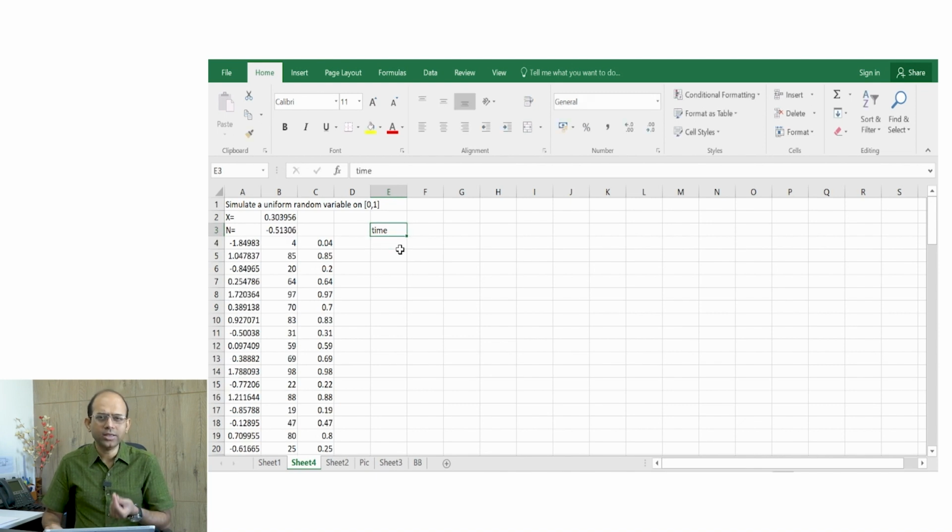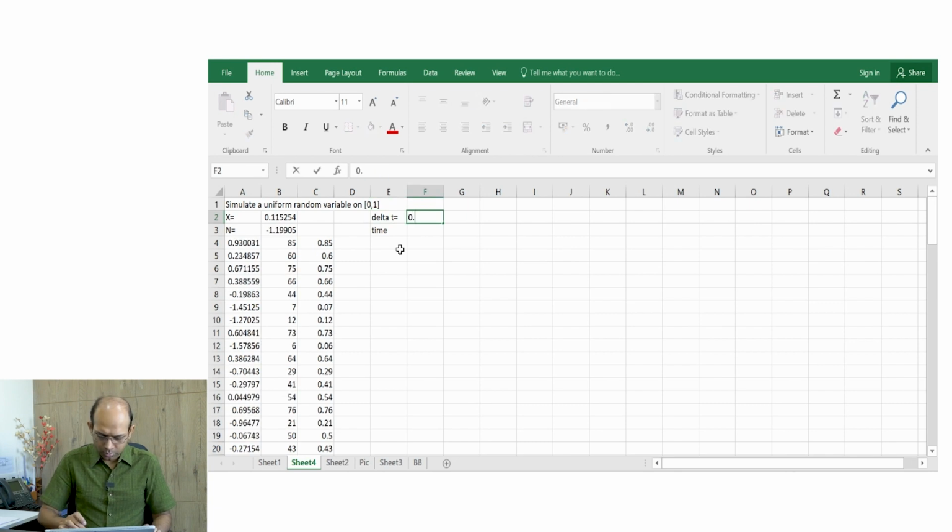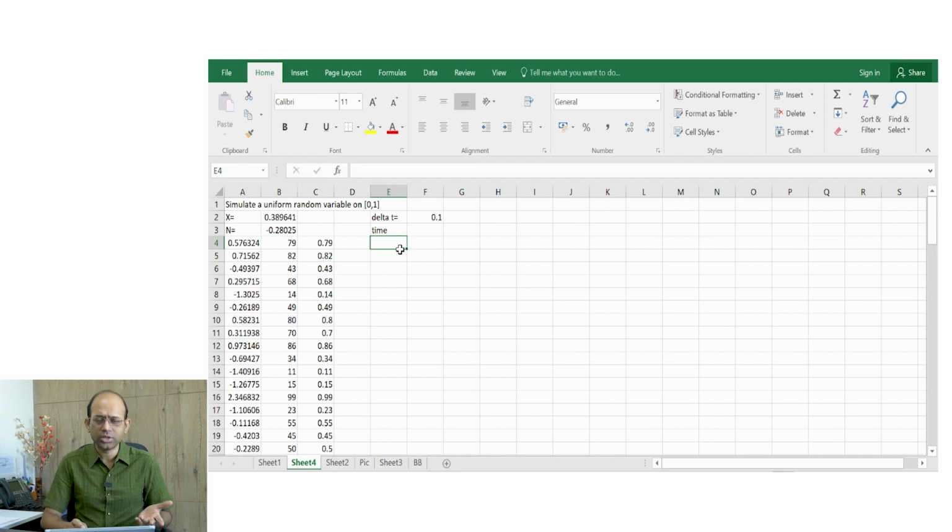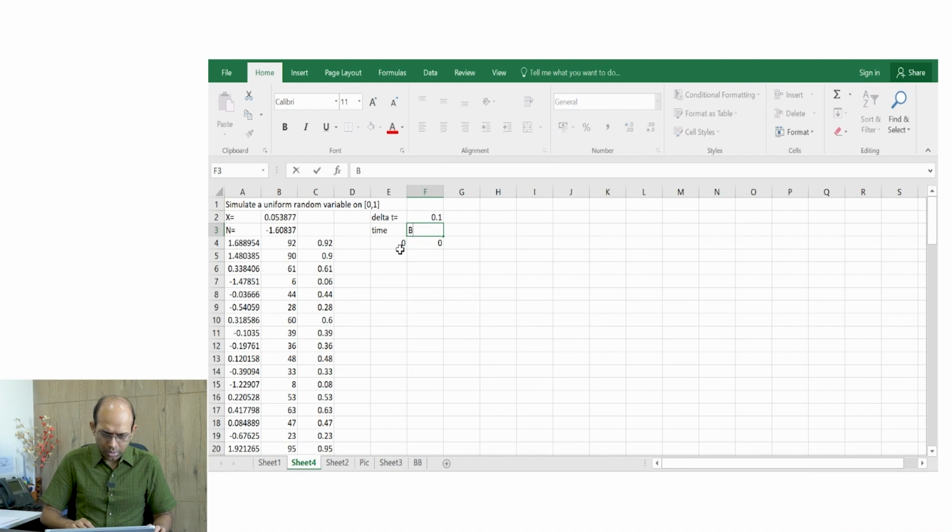Then you have to choose the increment granularity. Let us choose say 0.1, so delta t is equal to 0.1. Brownian motion starts at 0, so we do not need to simulate anything. So time 0, and this is the Brownian motion.